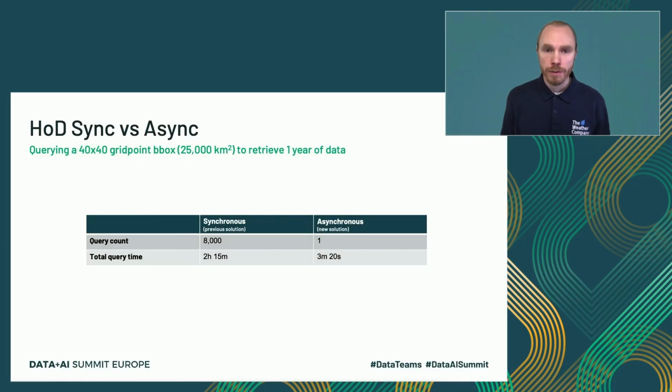So how does that compare to our previous synchronous solution? With the previous synchronous solution, querying that same bounding box over 1 year took 8,000 queries and 2 hours and 15 minutes. With our new asynchronous solution, we're down to a single query and only 3 minutes and 20 seconds.